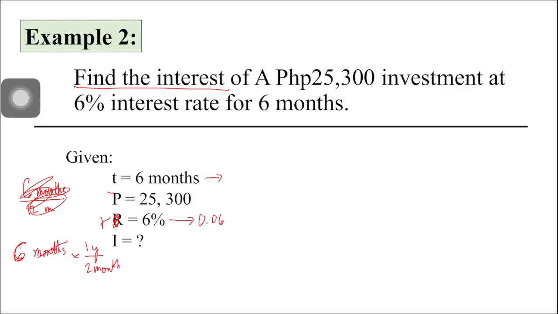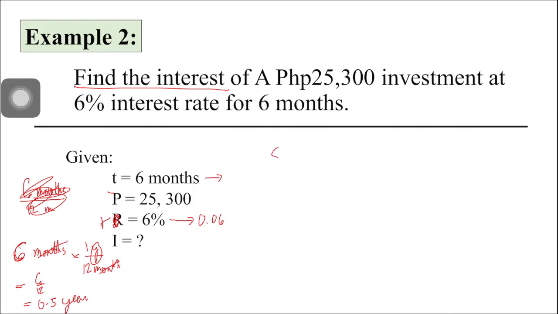So cancel the month, and this is just 6/12, so that's 0.5 year.